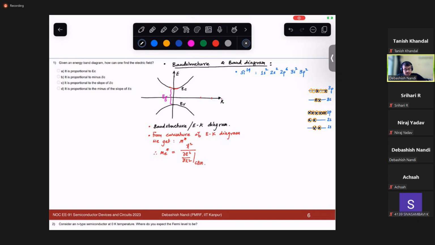Now if I draw A on this axis, A is the lattice constant or the lattice spacing, this periodic spacing. If I go this way, A will decrease.